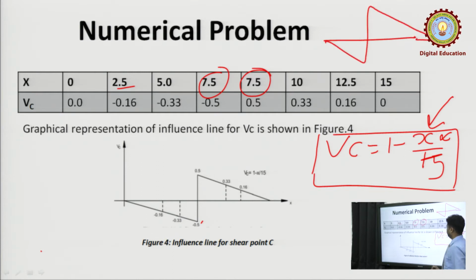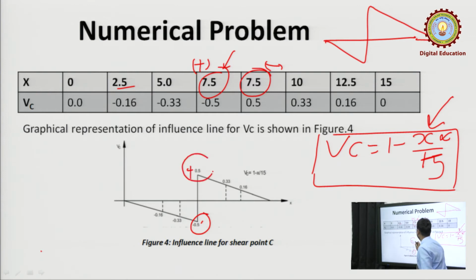Because of that reason, we will check two times at 7.5 meter, just right side, which is positive, and left side, which is negative. This is the negative 0.5 and this is the positive 0.5.